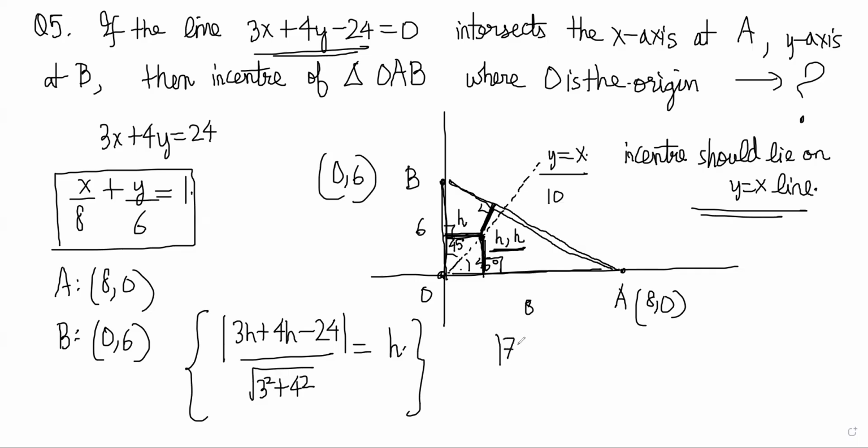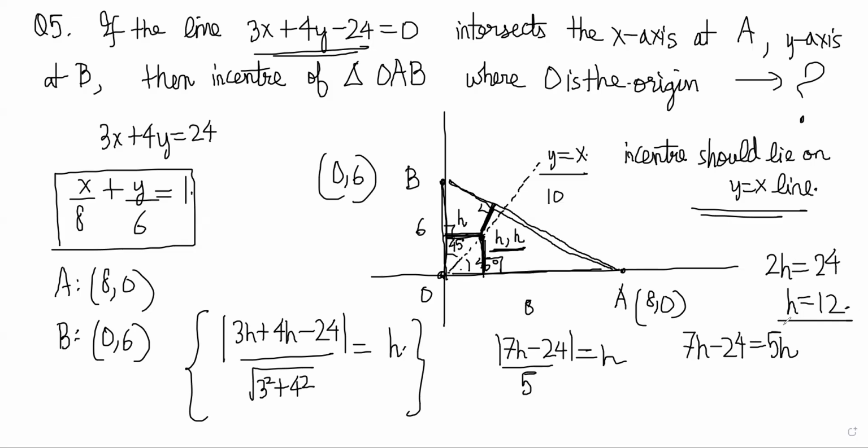Clearly, now we get mod of 7h minus 24 by 5 is equal to h. So 7h minus 24 is equal to 5h. You could get a negative sign also, but in this case, we are going in the first quadrant, so we'll take h as positive. You get 2h is equal to 24. h is equal to 12. Right?